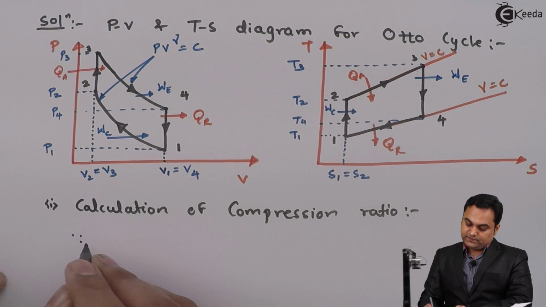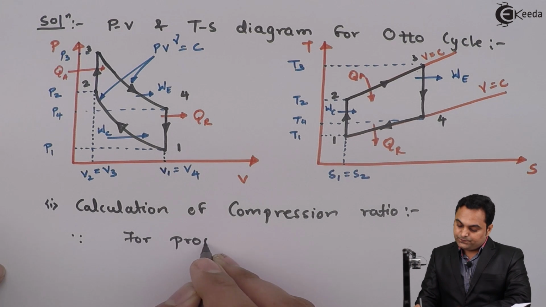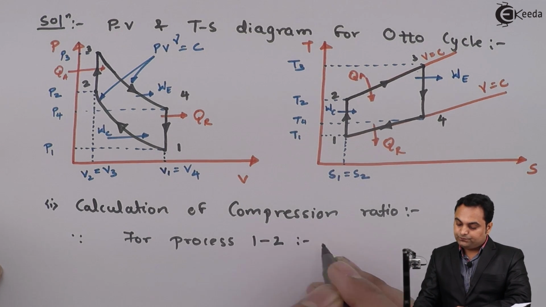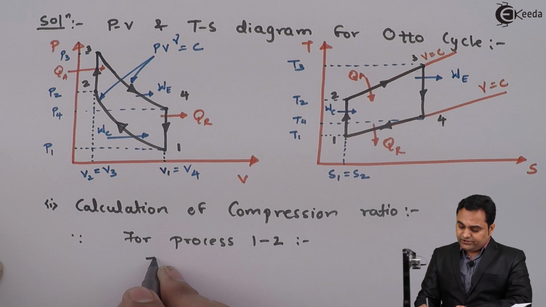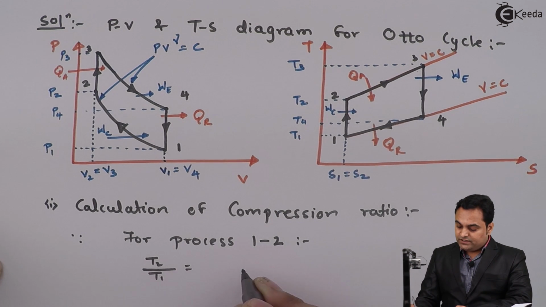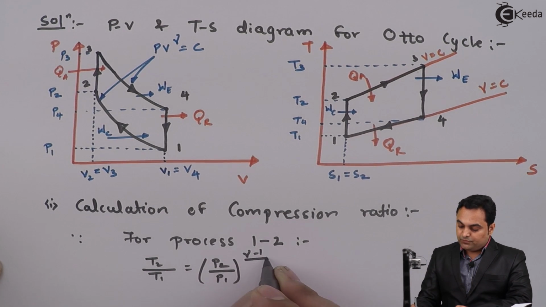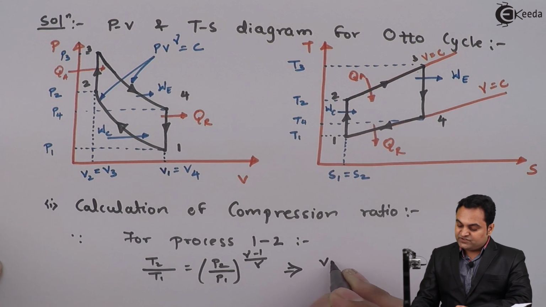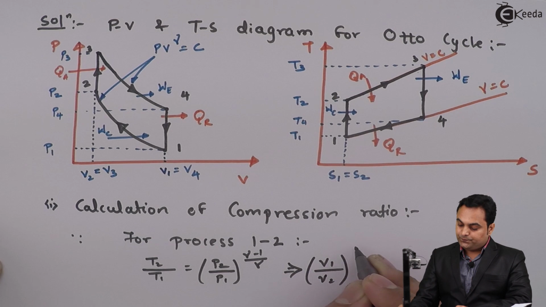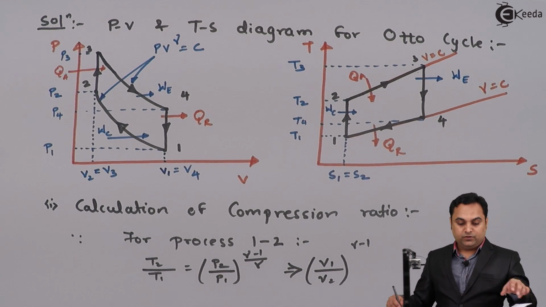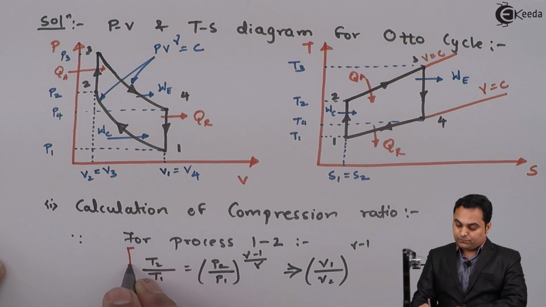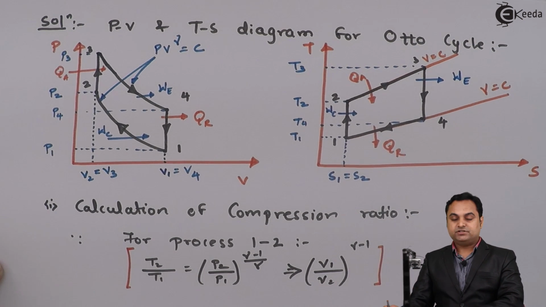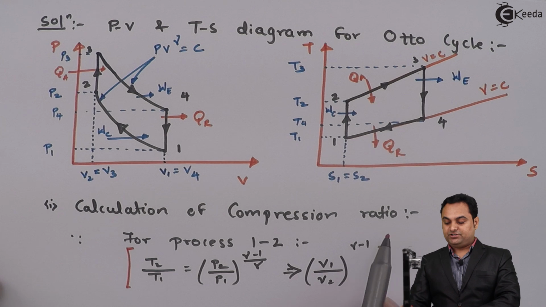Now I'll write down, since for process 1 to 2, the relation can be written as T2 by T1 is equal to P2 by P1 raised to gamma minus 1 upon gamma, or it can also be said as V1 by V2 raised to gamma minus 1. Now this is possible for process 1 to 2 because it is a reversible adiabatic or isentropic compression process.